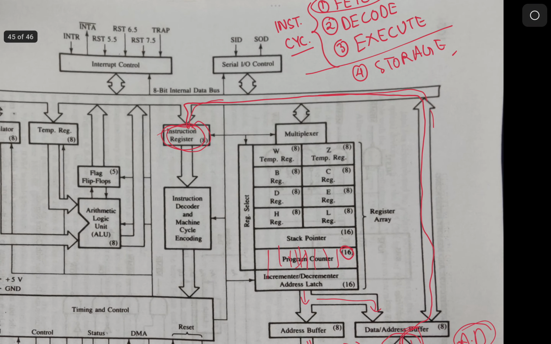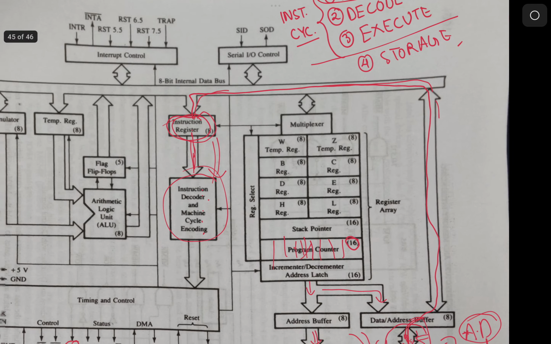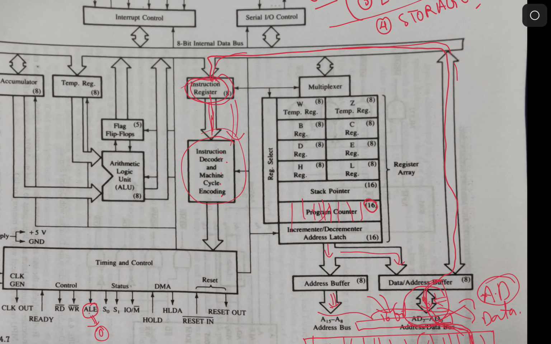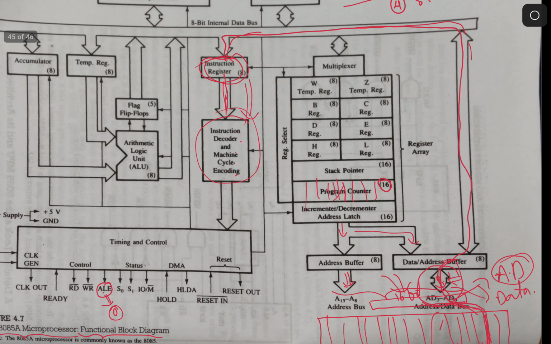and the next step is this instruction, which is inside the instruction register, is fed into a particular circuit called instruction decoder and machine cycle encoder. Inside the circuit, the instruction is broken down and translated, and it will determine what is the opcode.